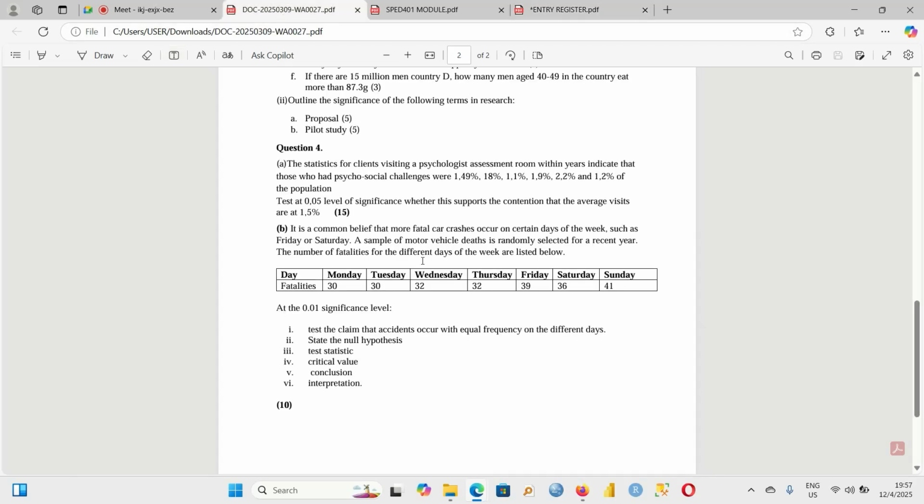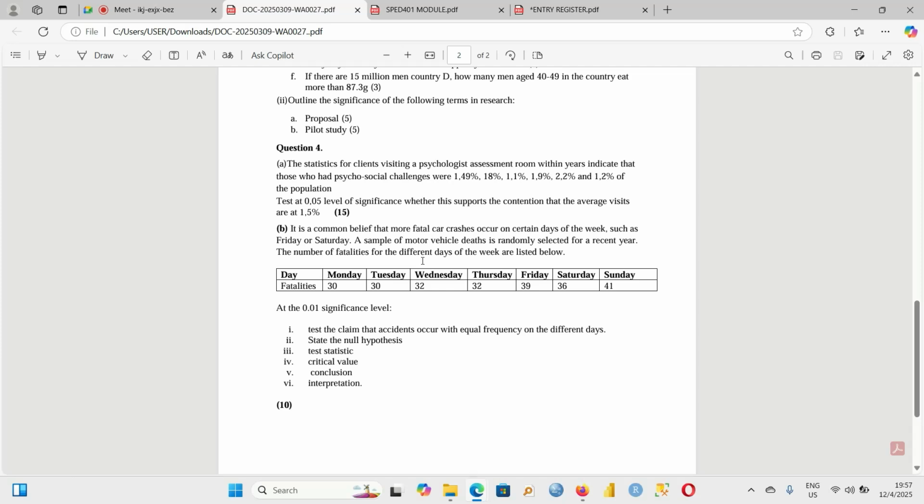So question number 4b is saying it is a common belief that more fatal car crashes occur on certain days of the week, such as Friday or Saturday. A sample of motor vehicle deaths is randomly selected for a recent year.